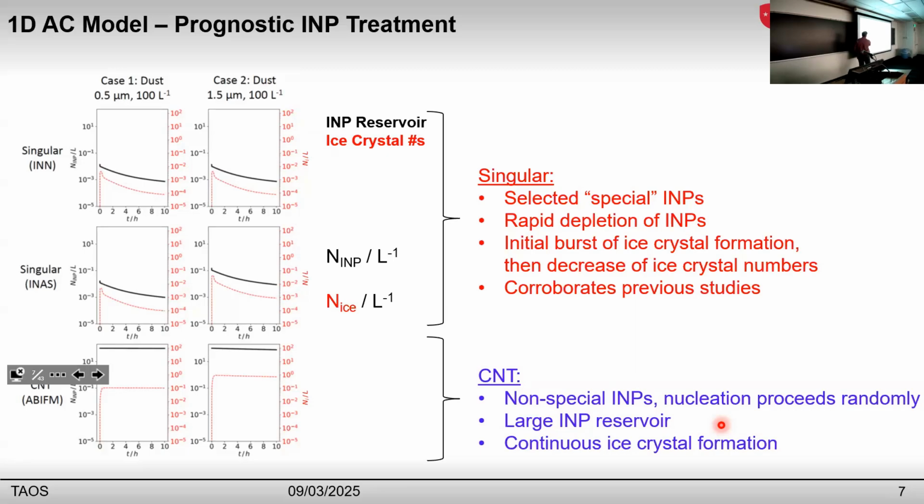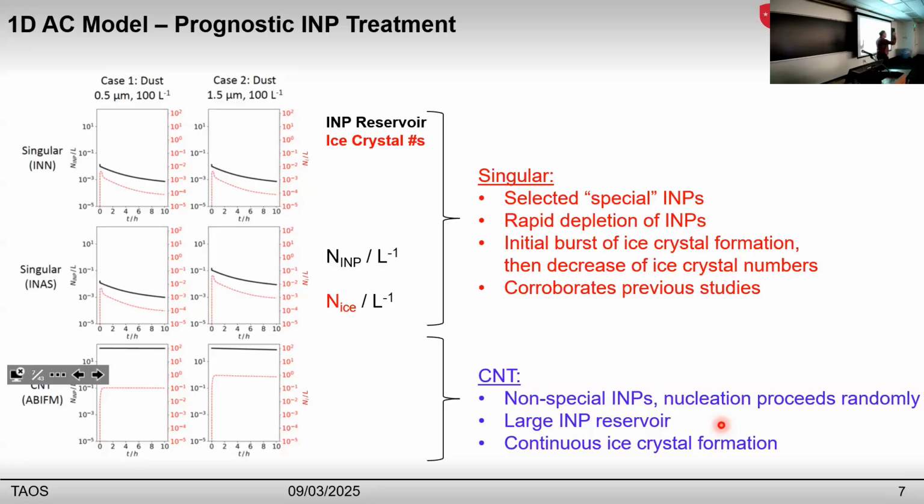If you do this unphysical one, in quotes, the parameterizations, you have a very small INP reservoir. Only out of the hundreds, 0.01 will make ice per liter at minus 20 degrees. They promptly make ice, crystal numbers jump up, then you deplete the INP, ice crystals deplete. So you end up 3 to 4 orders of magnitude too little ice in the cloud.